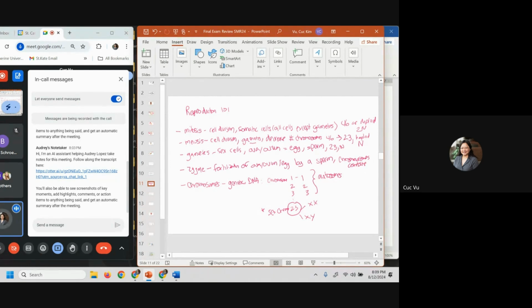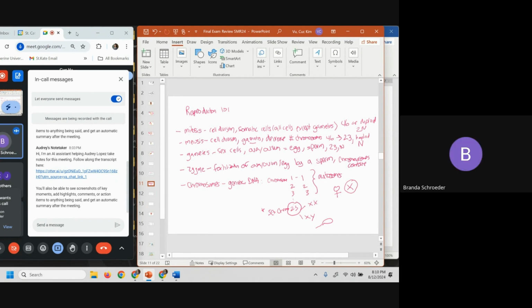But essentially, a female can only contribute what? The female can only contribute the X. So it doesn't matter which egg she releases in ovulation, it can only have one X. Where a male will have a sperm that can either be what or what?